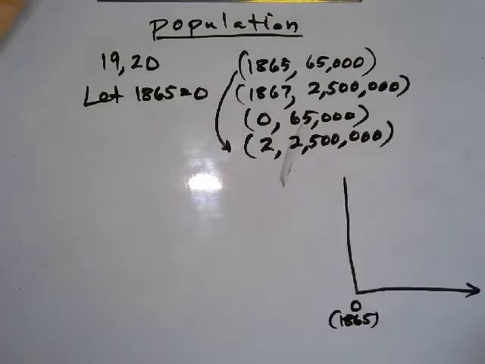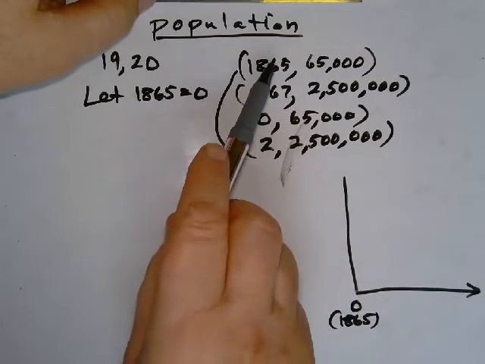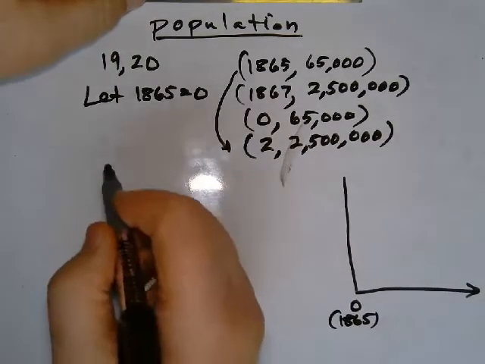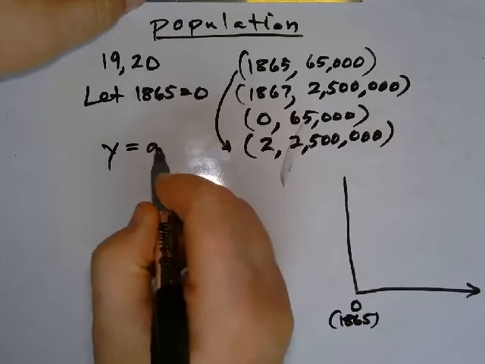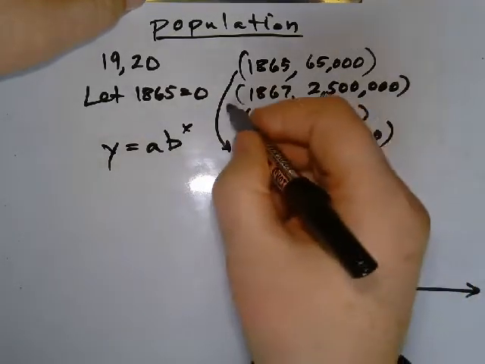And we're going to do that anytime we have time involved in the problem. We're going to let that first year, that initial year, be equal to 0 so that we can take advantage of that y-intercept idea. So let's go ahead and put this in the function. We're going to use these two ordered pairs here now.